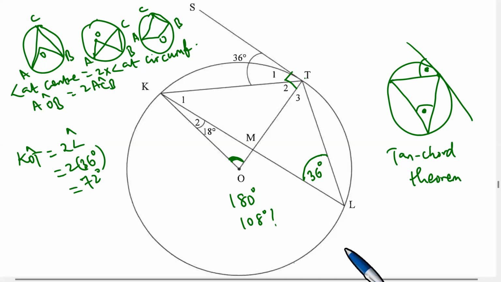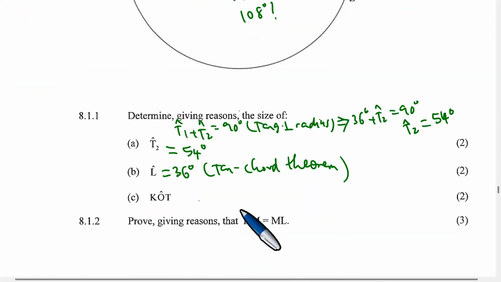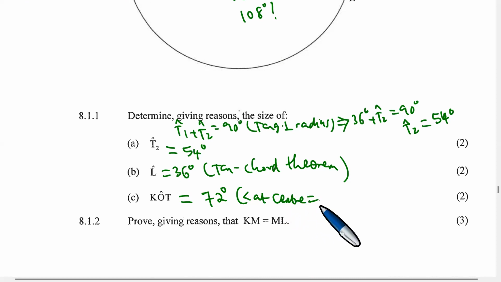Right. So what is the KOT? KOT is 72 degrees, which means angle at center is equal to 2 times angle at circumference.